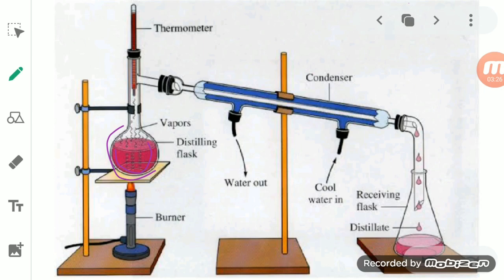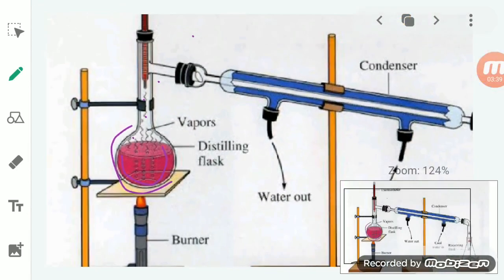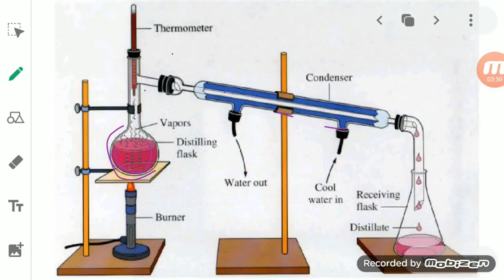So when you heat this homogeneous mixture of a solid and a liquid, the liquid, being volatile, forms vapor. You see here, it forms vapor. And as it forms vapor, the vapor is then passed to a condenser. This is the condenser, students. And when it gets passed through the condenser, it gets cooled down. Why is this so? Let me explain with the help of this apparatus.